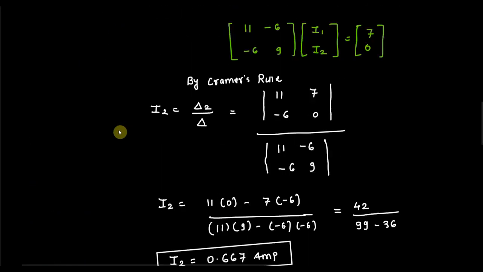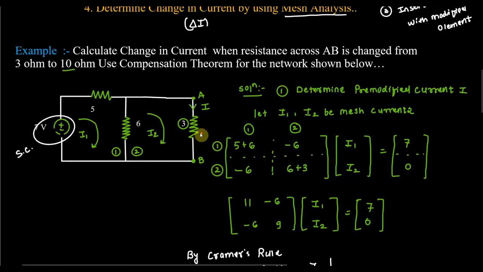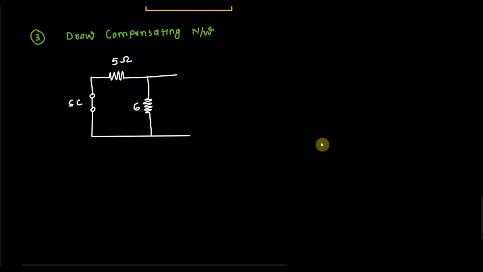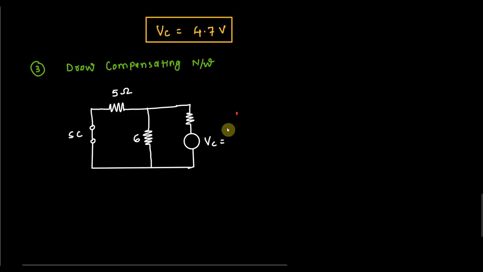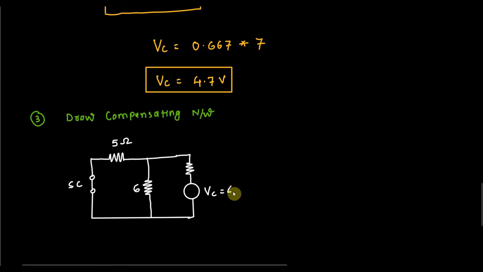You can see that here we have a 5, here we have 6, and now this one. This is the changed value, and we have to connect one voltage source here, the value of VC. Now VC we have calculated is 4.7 volt. Fine. This was previously 3. Now it will become 10. Okay. So previously it was 3. Now it will become 10.